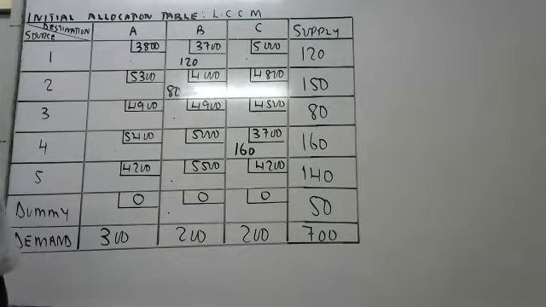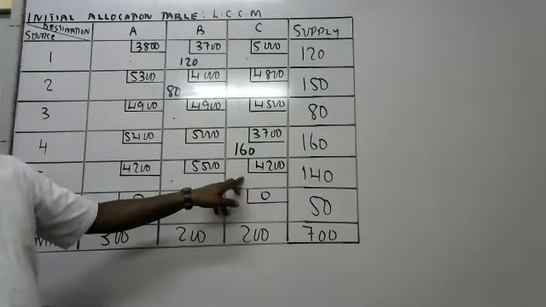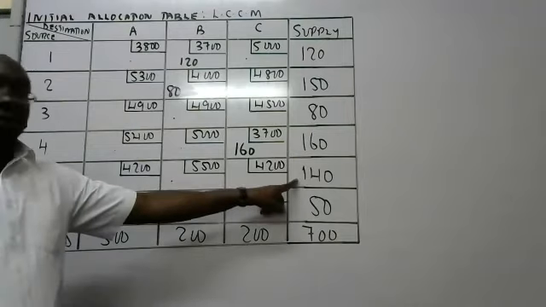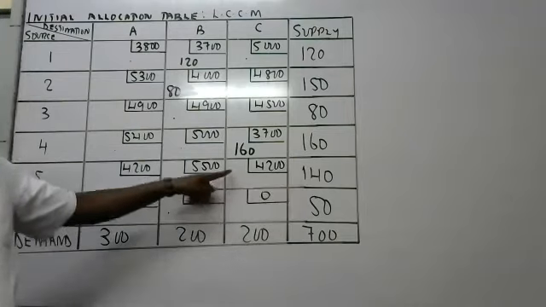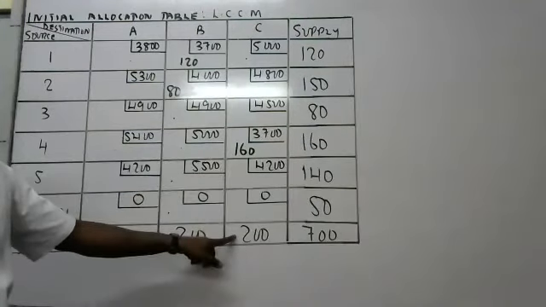Pick the next smallest. The next smallest is 42, this one. And there is also this one. So if we start here, the available is 140. The unsatisfied is 40.